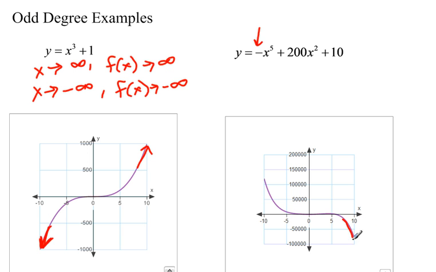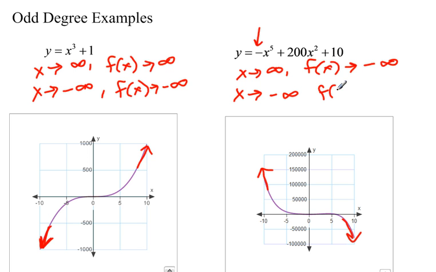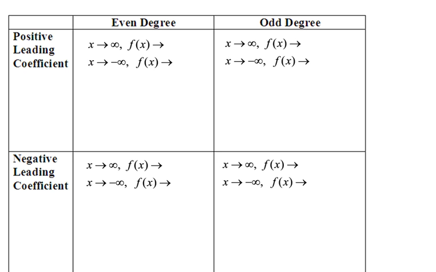So this time, as x goes to infinity, we see that f of x heads to negative infinity. And then as x goes to negative infinity, our graph's actually going upwards. f of x is heading to infinity.